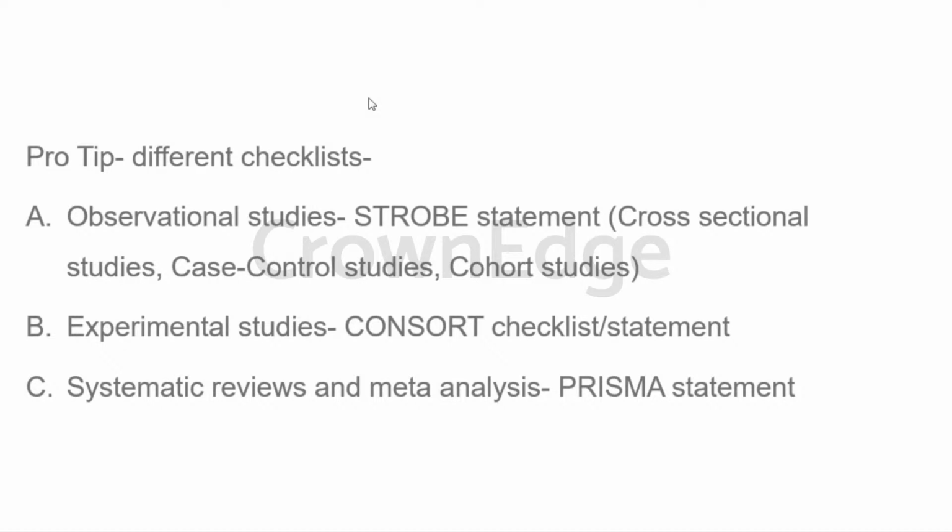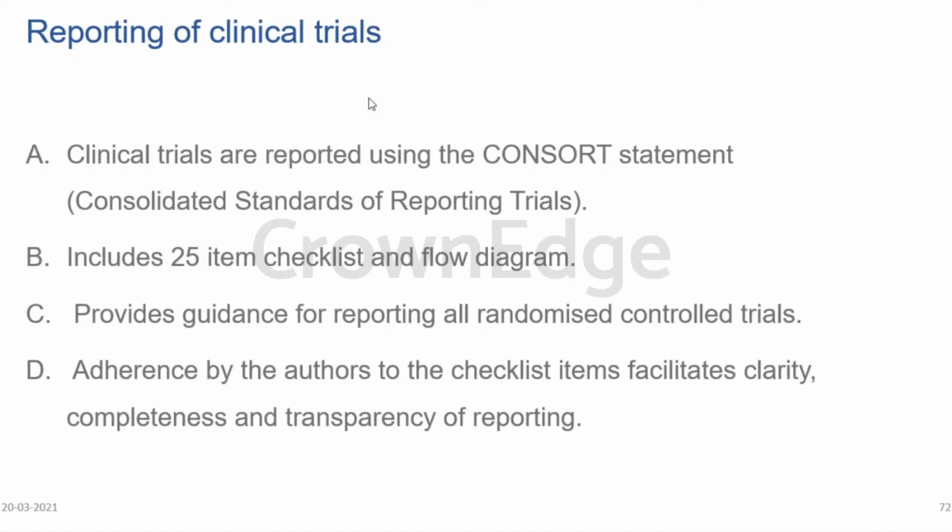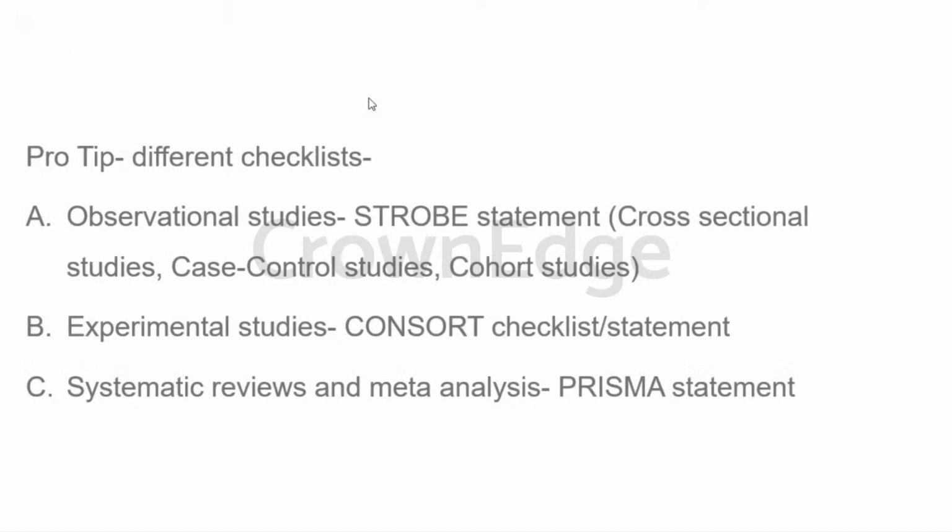This is just a pro tip, not a part of the presentation. Similar to the CONSORT statement, there are statements for observational studies, that is, descriptive and analytical studies, case control and cohort studies. That is the STROBE statement.